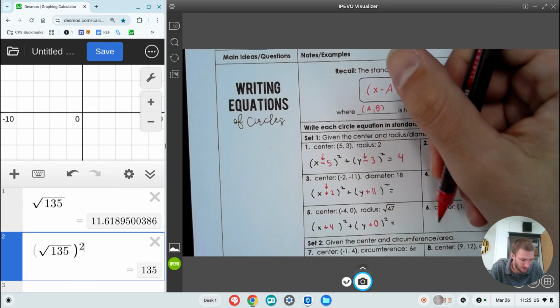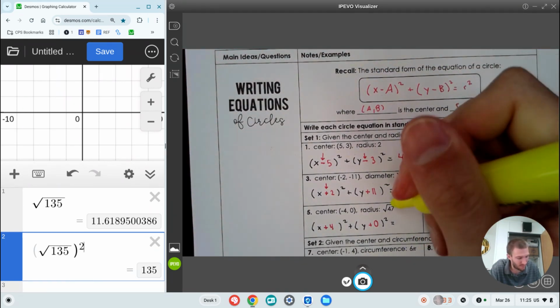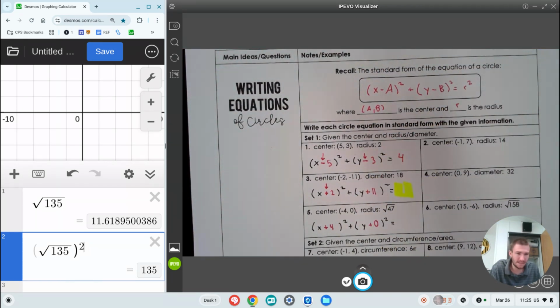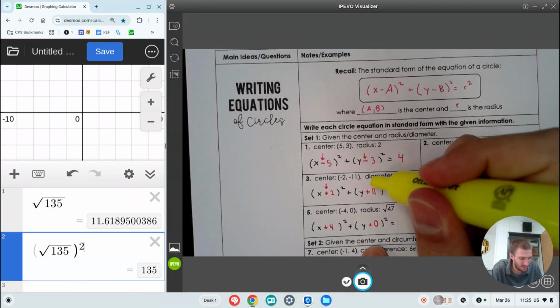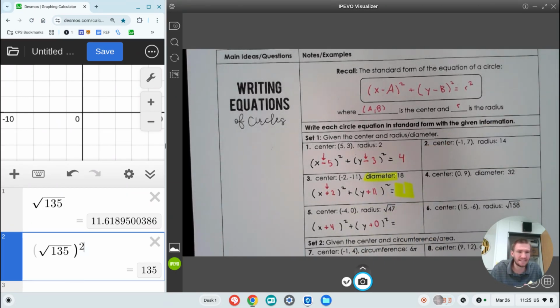Now the next one, we want to be a little bit careful here because we need the radius squared, and we are given the diameter. The diameter is not the radius. The diameter is 2 radiuses.